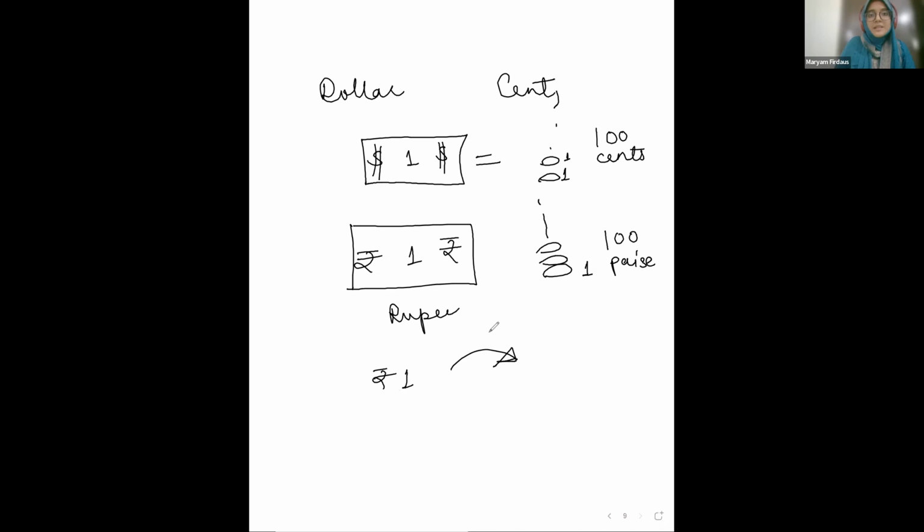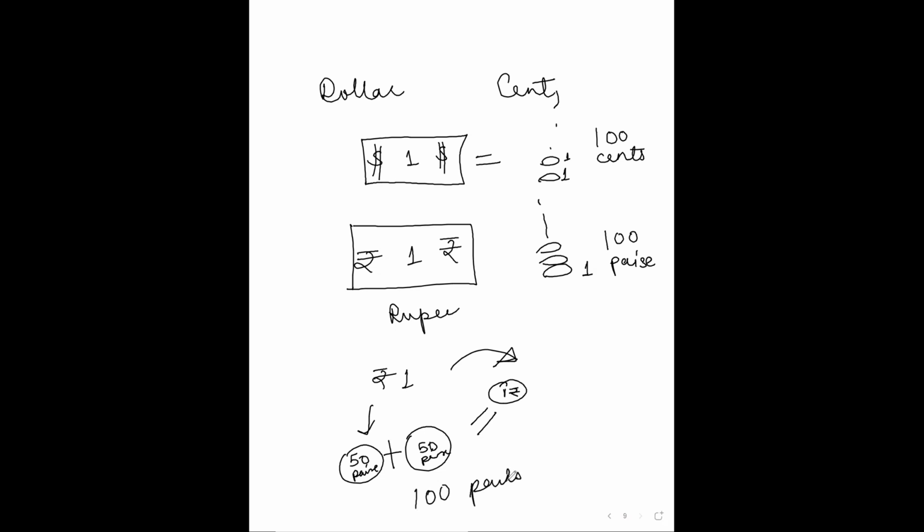But if you don't have a 1 rupee coin, but you have 2 coins of 50 paise, that is also equal to this 1 rupee. Why? Because 50 paise plus 50 paise is 100 paise. And 100 paise means 1 rupee. So that's how it works.